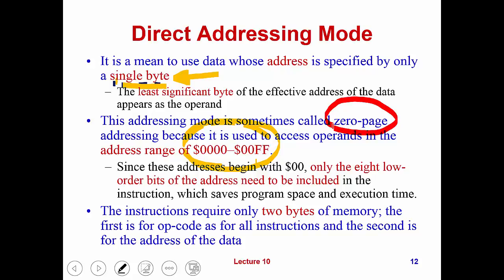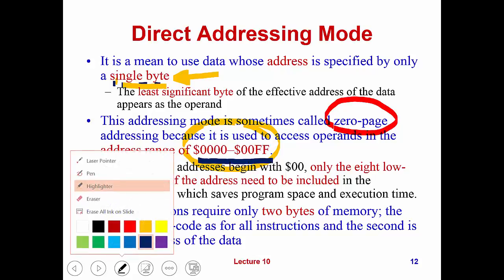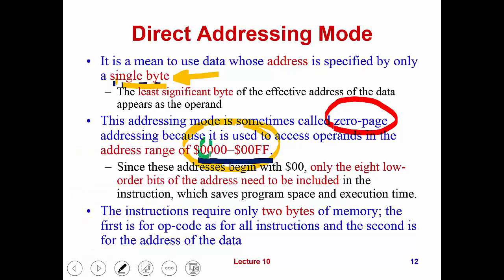Although this is the whole region, when we specify it in the instruction, we only specify the low order byte address. We don't need to specify the high order byte address anymore, but for sure the high order byte address is 00.